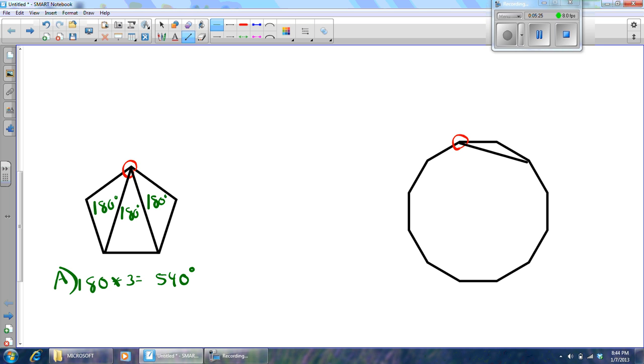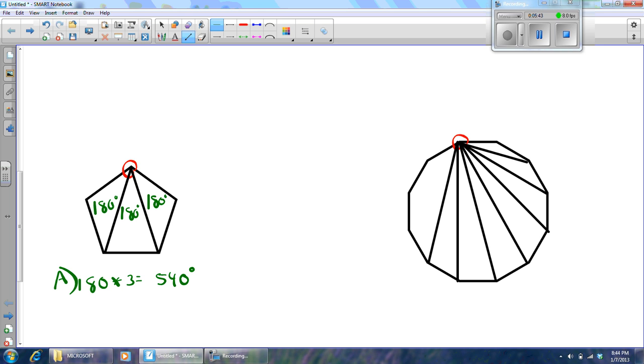So there's one triangle, two triangles, three triangles, four triangles, five triangles, six triangles, seven triangles, eight triangles, nine, 10 triangles.